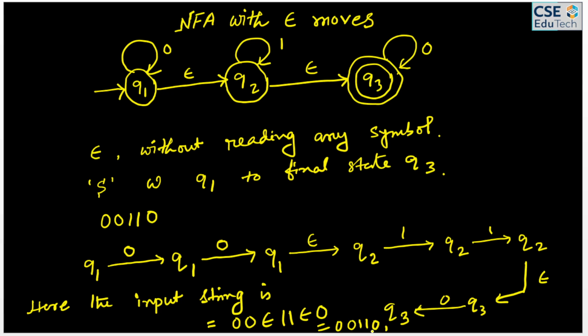So one thing we can see is that we can go from one state to another state without reading any symbol in this diagram. So adding this facility basically increases the power of the automata.